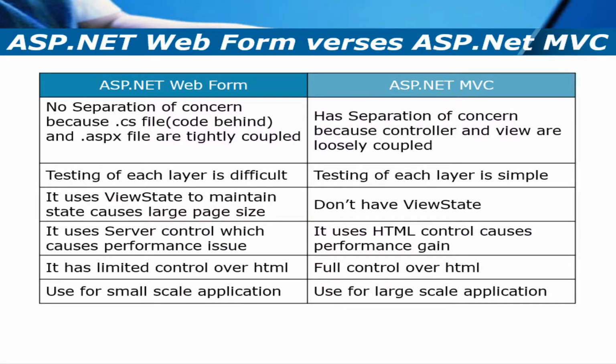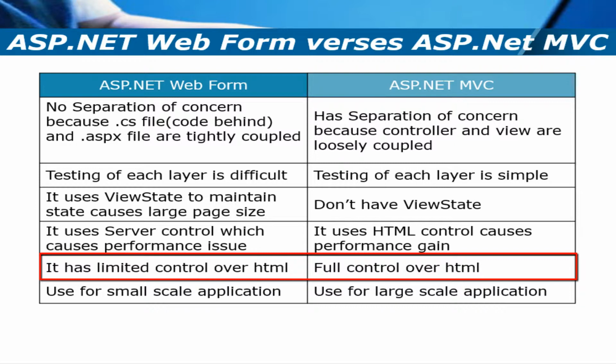Then the fourth difference is that ASP.NET Web Form uses server controls, which are heavy in nature and run on the server side, which causes performance issues. MVC uses HTML controls, so it's faster than Web Form. Web Form has limited control over the HTML, but in MVC we have full control over the HTML using the Razor engine.